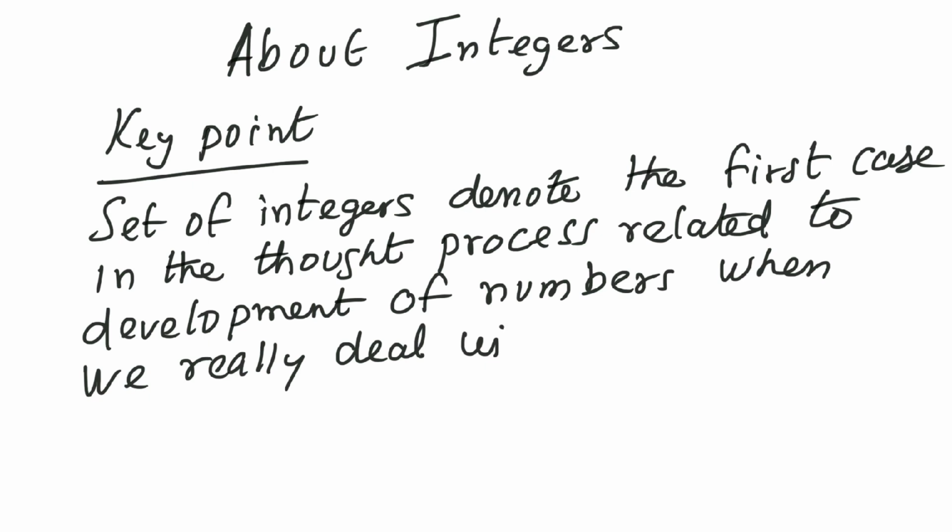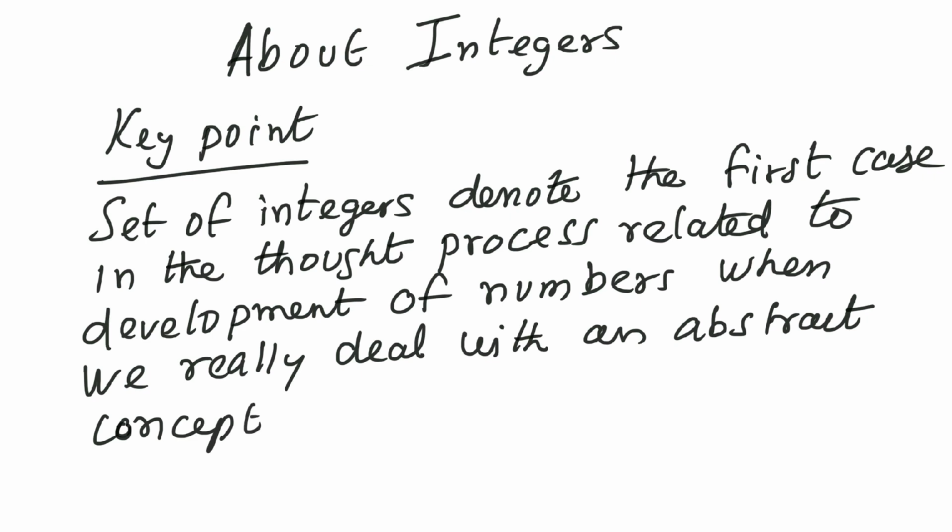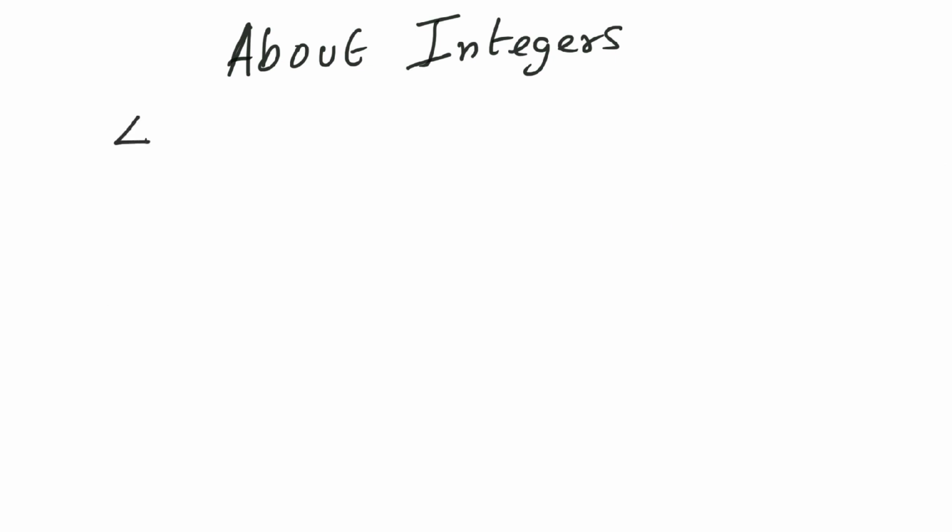As far as the integers are concerned, that's the first set of numbers where we solve a particular problem by developing basically an abstract concept, an abstract property, and that's what we'll be looking at here.